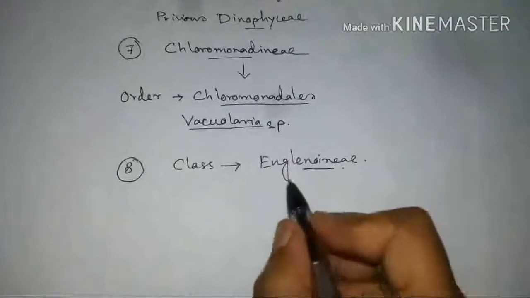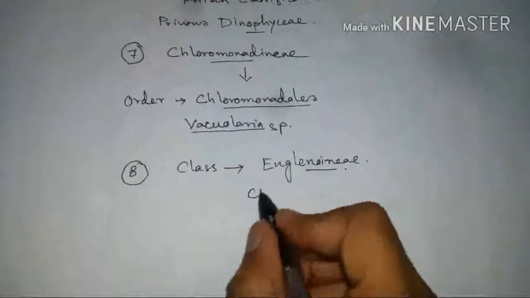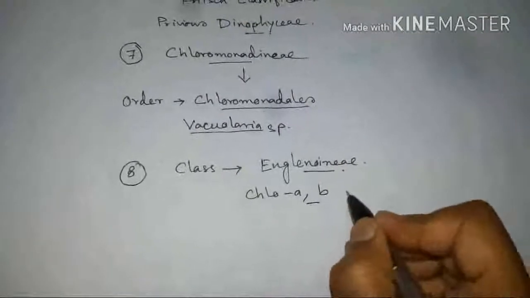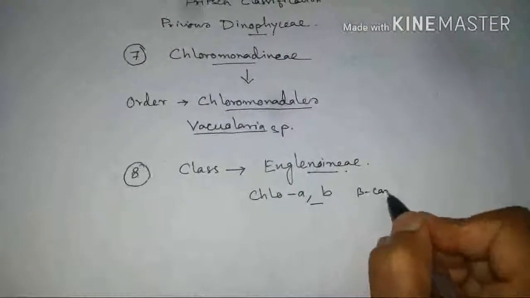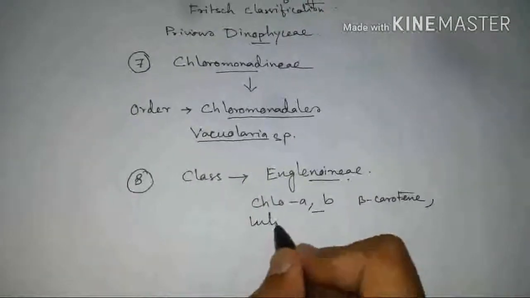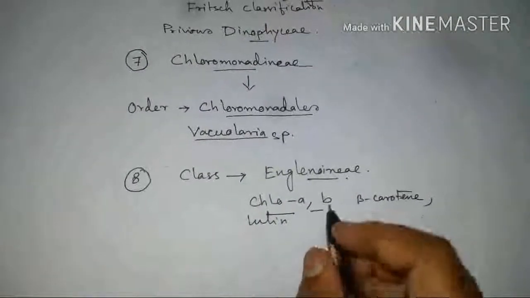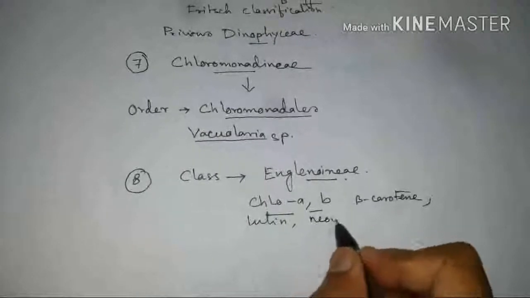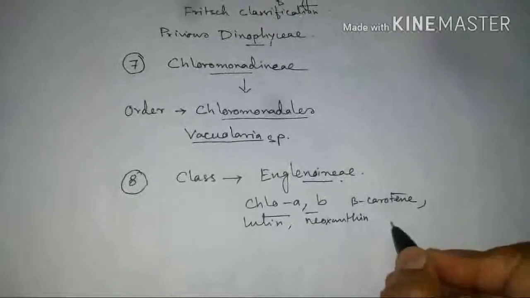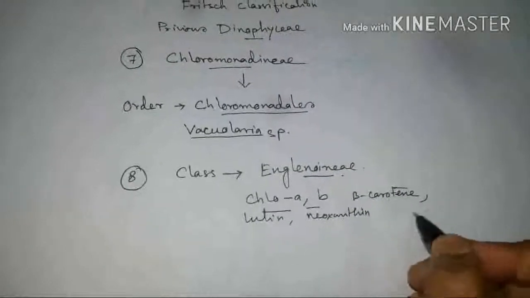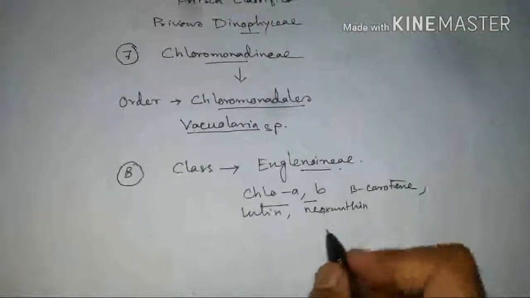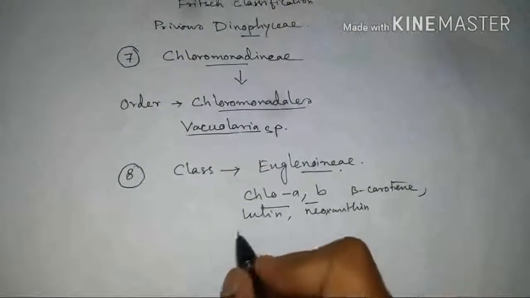Here in this class chlorophyll A and B, also beta carotene, lutein, neoxanthin, anthroxanthin, astaxanthin, etc. are present, and the storage product is paramylon.